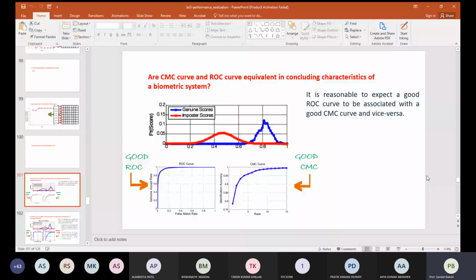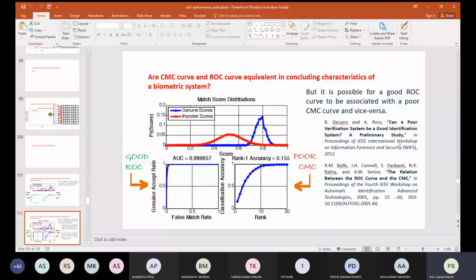In most cases you will feel that, but people have shown with some experiments that for some special kinds of score distributions, you can have a score distribution where ROC is good and CMC is bad. So ROC and CMC are not so related to each other that one implies the other.